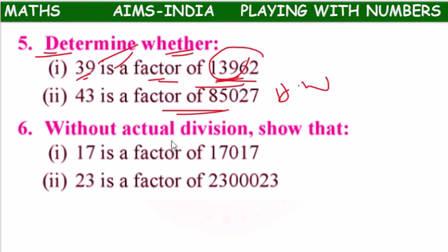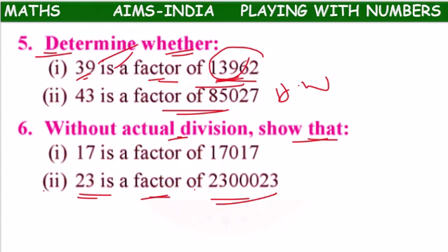Next, without actual division, show that this number is a factor of this number. 23 000 23. I'll do this one, and the second one I'll do as well. So here we have the number 23 000 23.